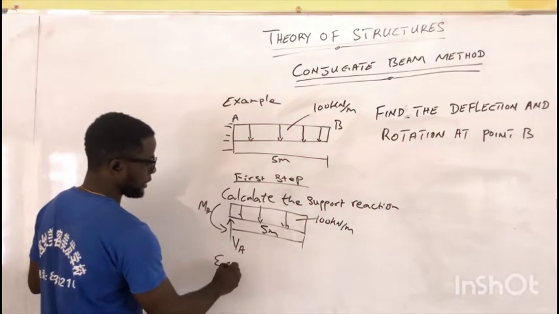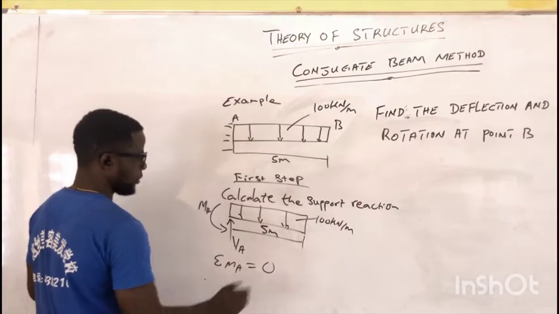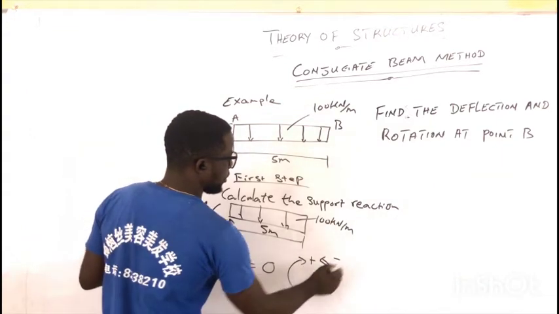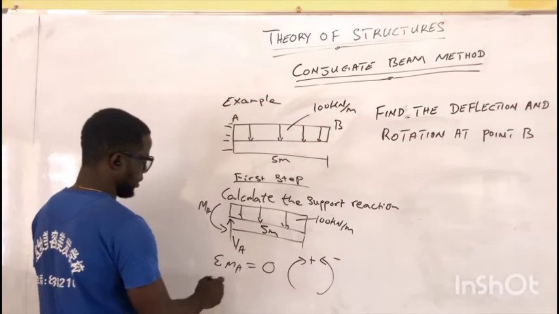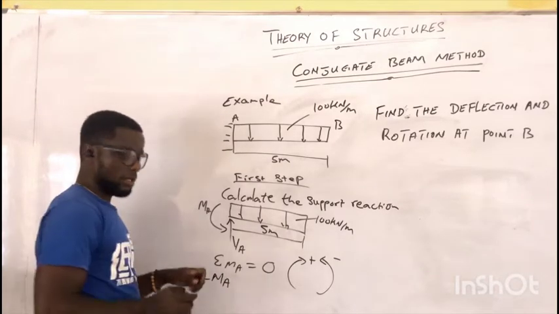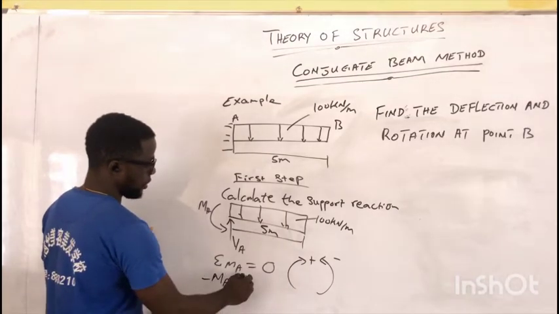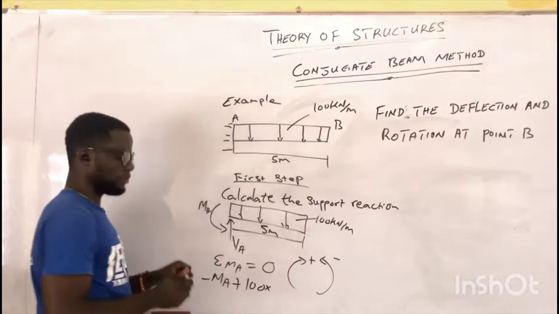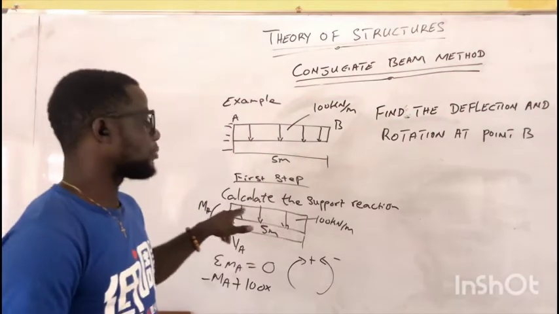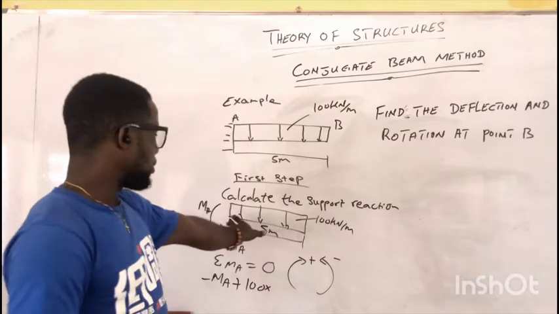You take summation of moment at point A equals 0, with the convention of positive and negative. So we have negative MA plus 100 multiplied by, you have to get the point load of this UDL, then multiplied by this half, that is the centroid distance.